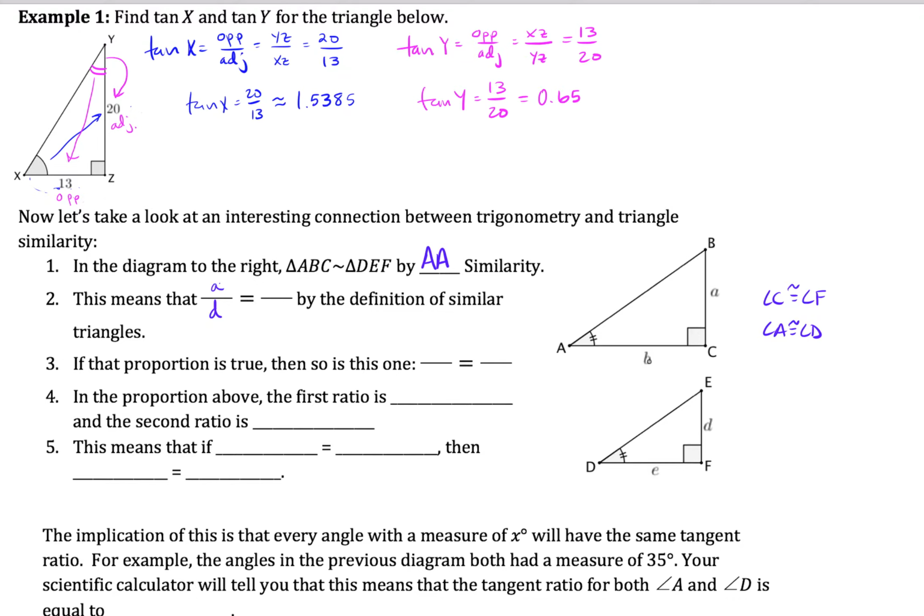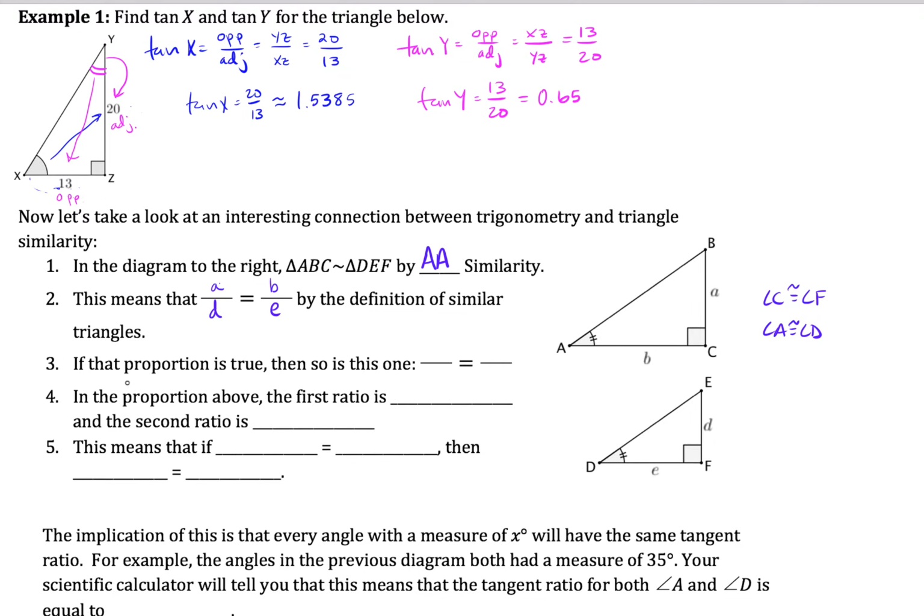In this case, I would do B over E. So A over D would be equal to B over E by the definition of similar triangles, and this idea that in similar triangles, corresponding side lengths will be proportional. So we set up the ratio of corresponding sides here with A and D, and it would be equal to the ratio of corresponding sides here with B and E.